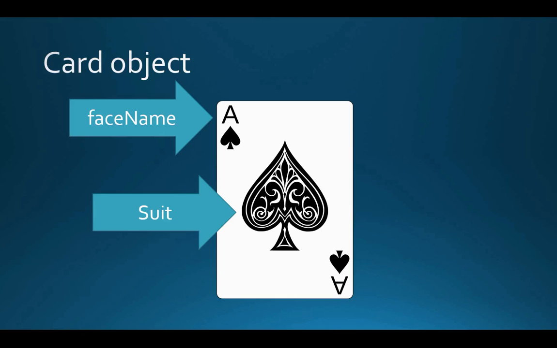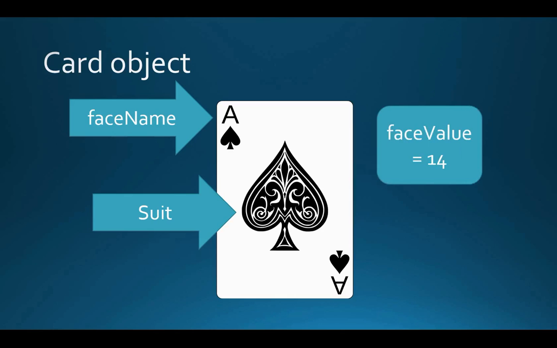Now, that on its own would typically represent a card, but then there's another piece of information that we intuitively know, and that's the idea that an ace beats all the other cards. So there are 13 cards in a suit, and each card probably has some type of face value, so you can compare the cards.